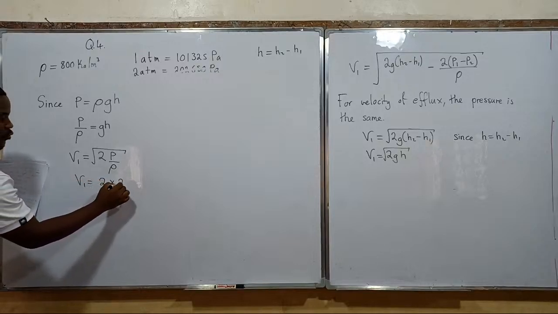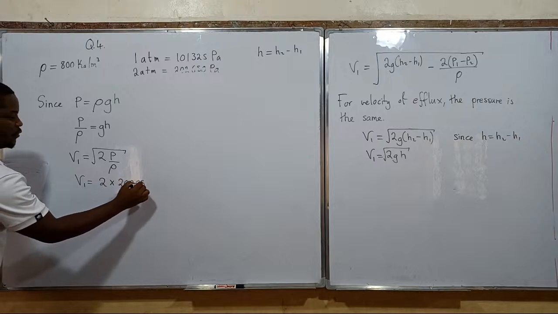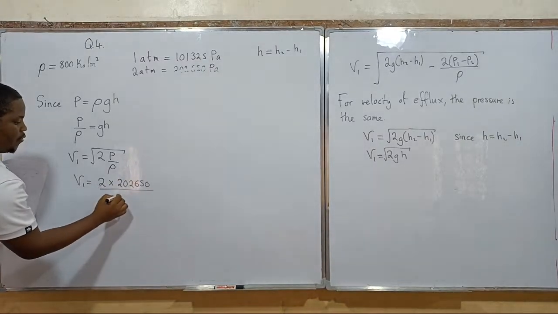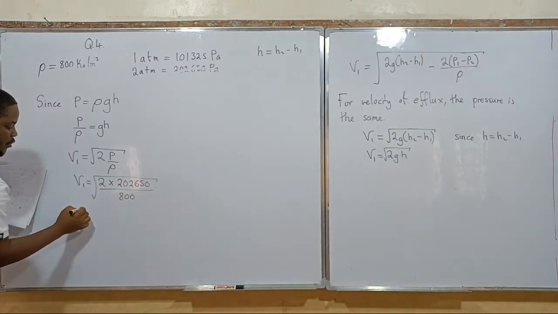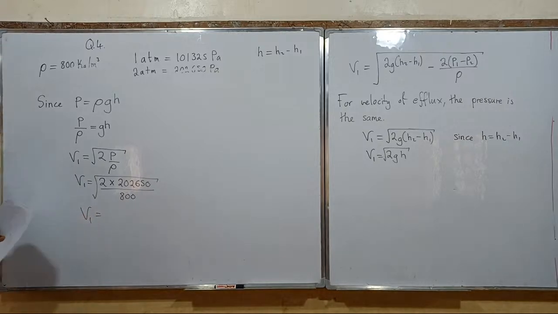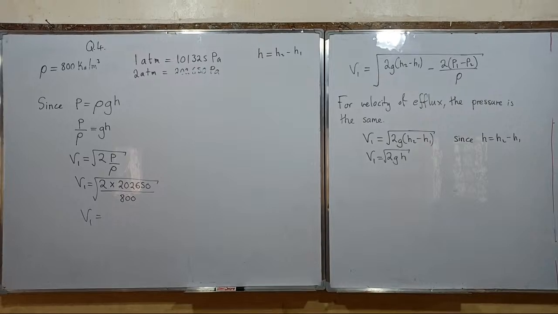The pressure is 202,650 divided by rho, which is 800. And remember, everything is under a root. So what's the value of the velocity?